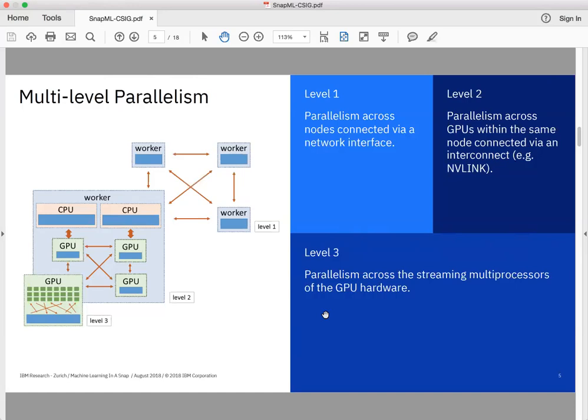And finally, within each CPU or within each GPU, we consider the parallelism across the computing cores which are available on that accelerator. So we develop new algorithms to effectively map the training of these models onto that massively parallel hardware. We'll cover that a bit later.